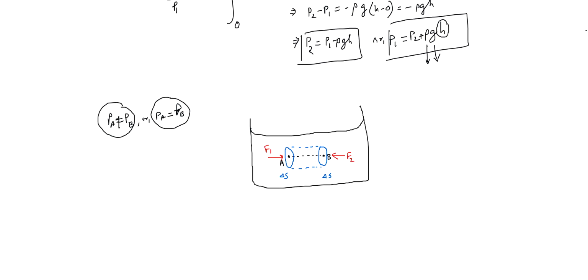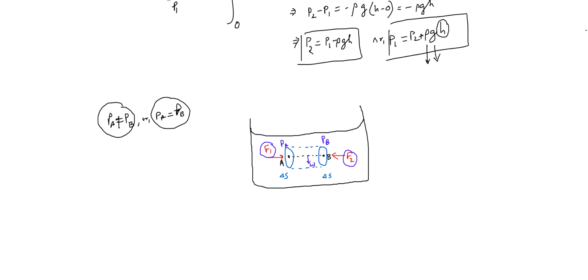Let us say the pressure at point A is PA and the pressure at point B is PB. The other force acting on it is W, the vertical force. But we are talking about the horizontal forces. In case of horizontal equilibrium, the sum of all the horizontal forces will be 0.